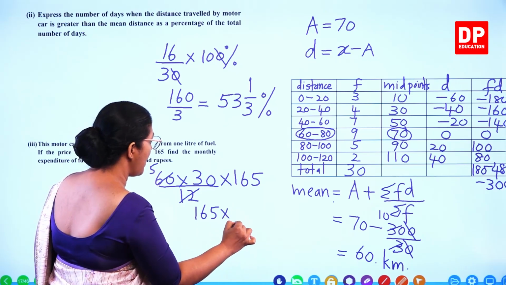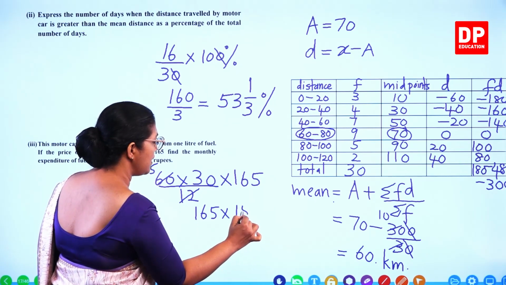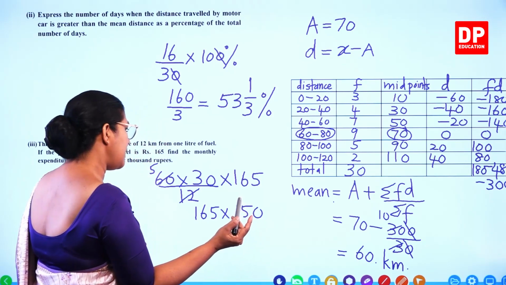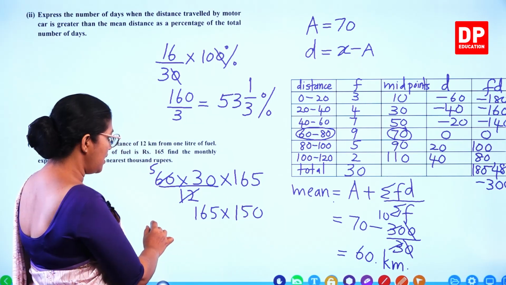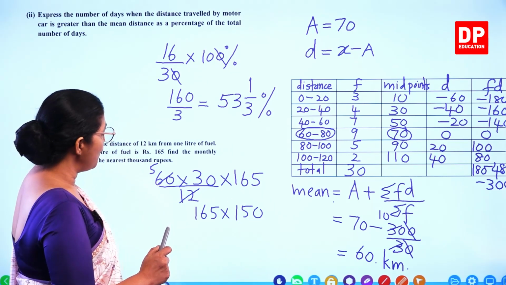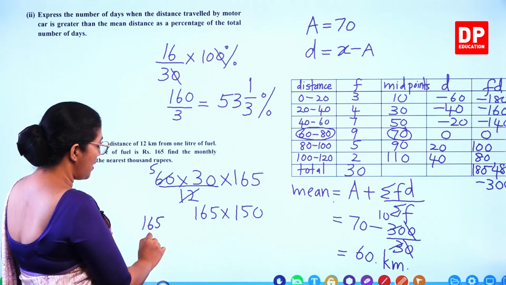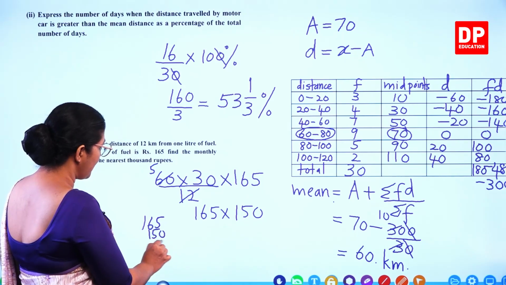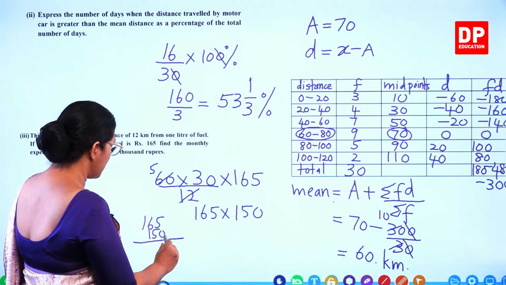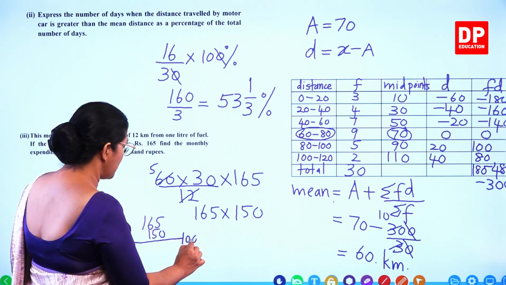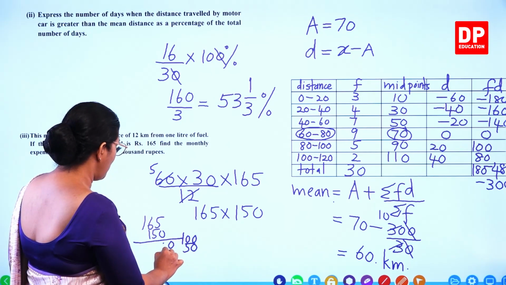So let's do the multiplication here. 165 multiplied by 150. So here you get 2 zeros.